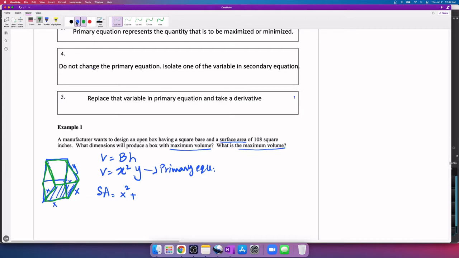So I'm going to do four. And what is the rectangle area? x and y, length times width. So this is my surface area formula. Surface area formula means area of each side. Volume is big B H. What is big B? Area of the base. So I'm going to write here, big B is the area of the base, or whatever shape base you have, you're going to find the area of that.